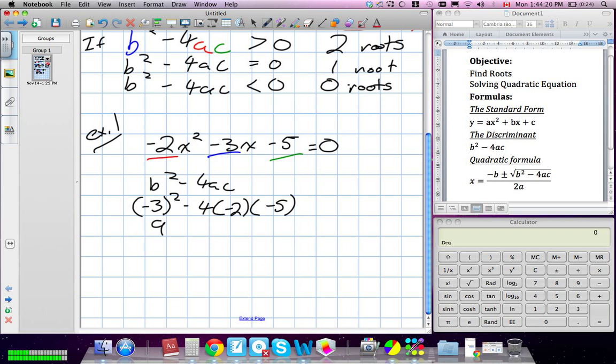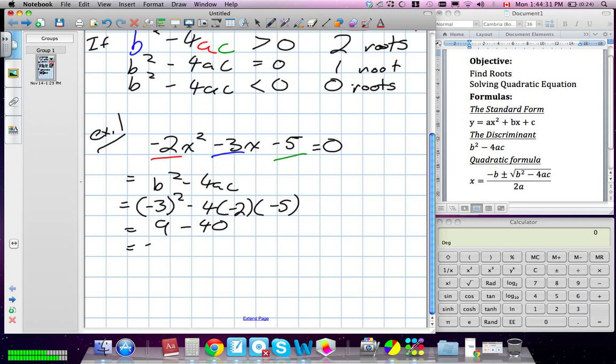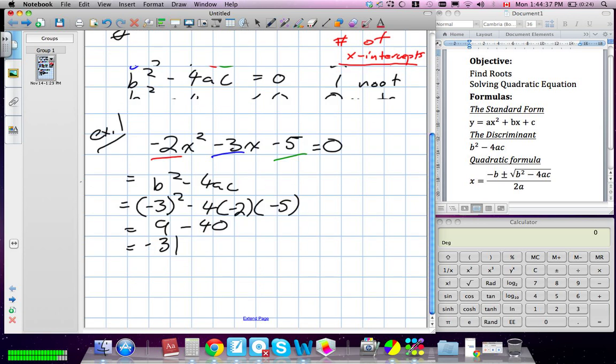So our discriminant is negative 31. And according to our rules, how many roots will that have? Zero. If it's negative. So, in other words, we'll draw a small Cartesian plane here.